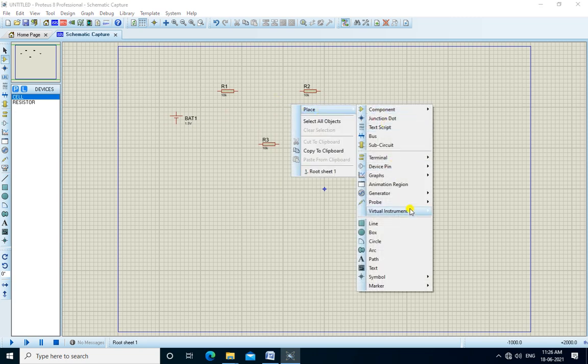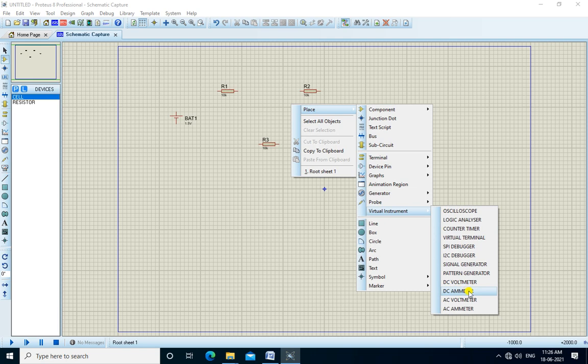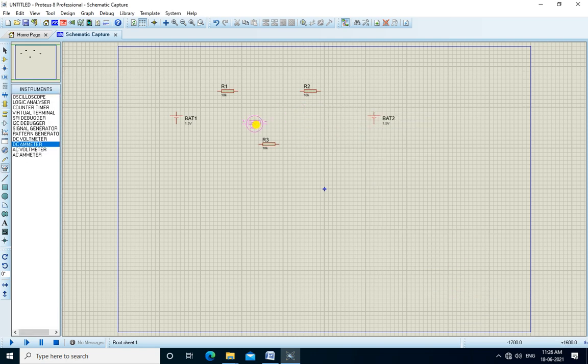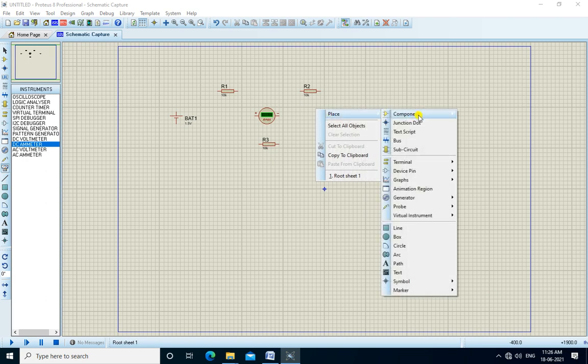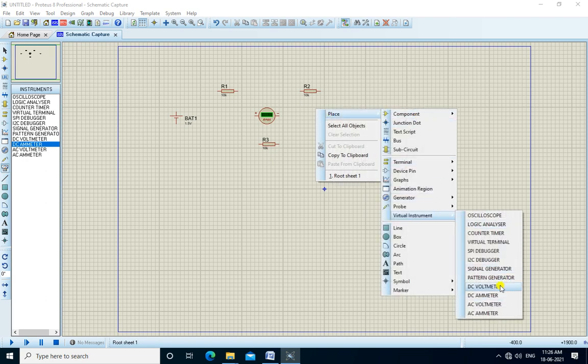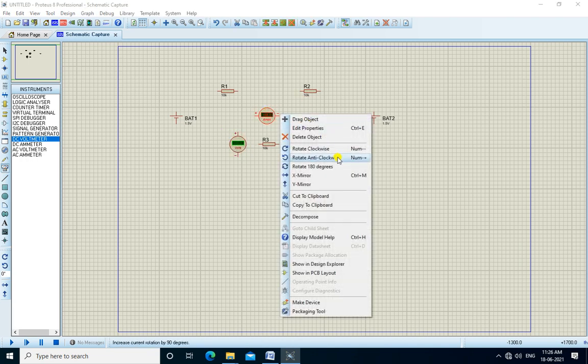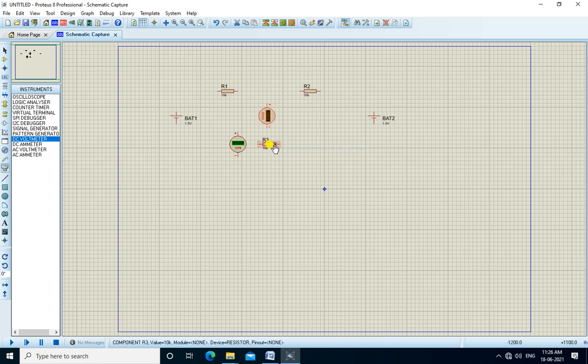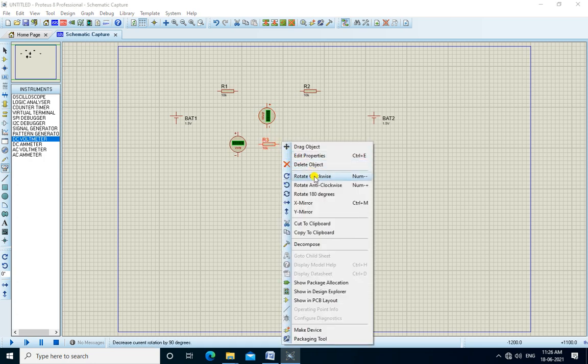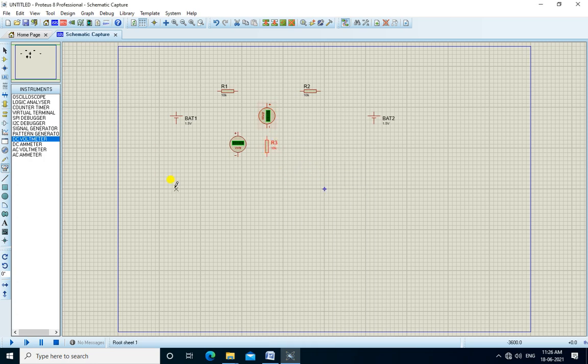We need a milliammeter or ammeter, DC ammeter, to measure the value of IL, and DC voltmeter to measure the VL. I rotate this ammeter and RL.